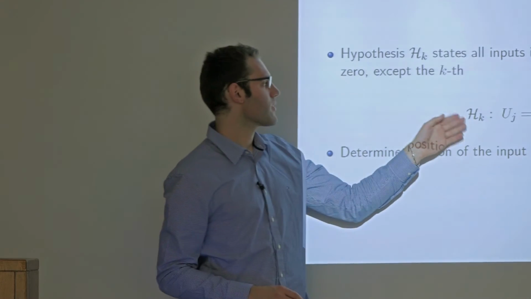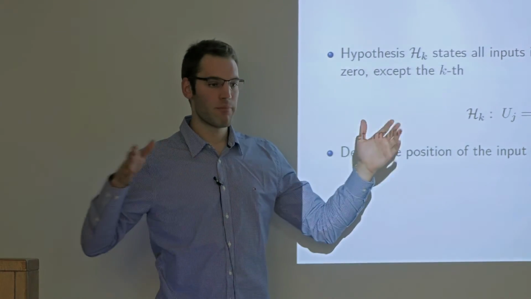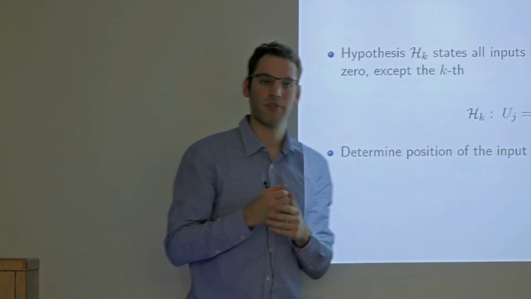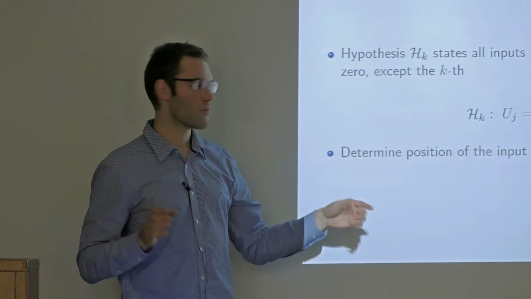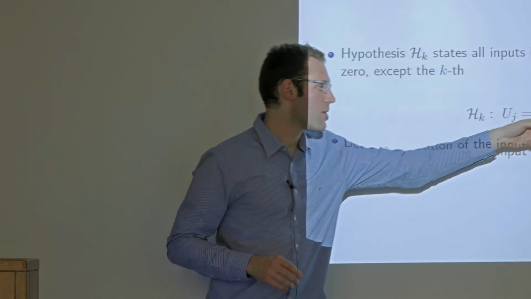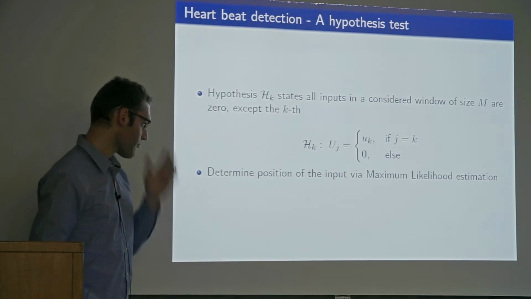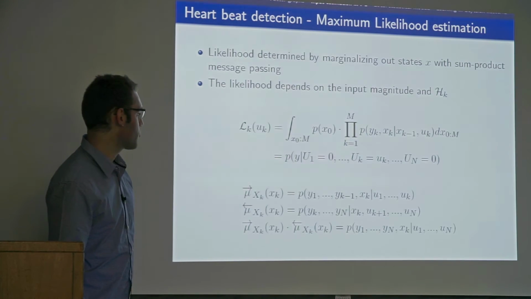So if I have a window of m samples, we want to find the position where the heartbeat is. So out of the m, we want to choose one position, but we leave the amplitude, the strength of the heartbeat, open.